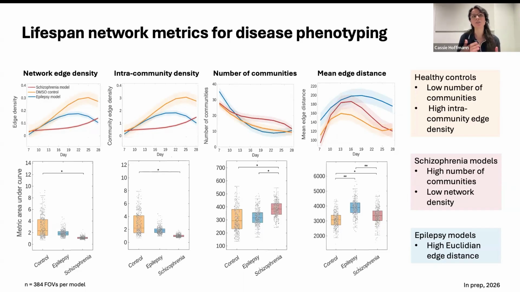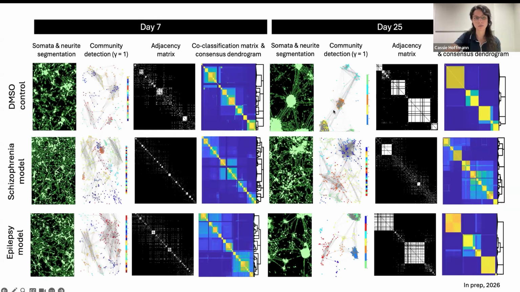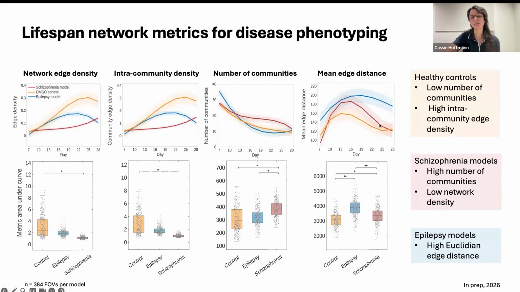And because they are so consistent in sprouting them, they don't have time to self-organize. This is in contrast to the healthy controls, where you've got that cluster, and within the cluster you've got an overabundance of short range connections, and that really drags down the mean edge distance. So that was likely driving the higher edge distance that we saw in the epilepsy models.